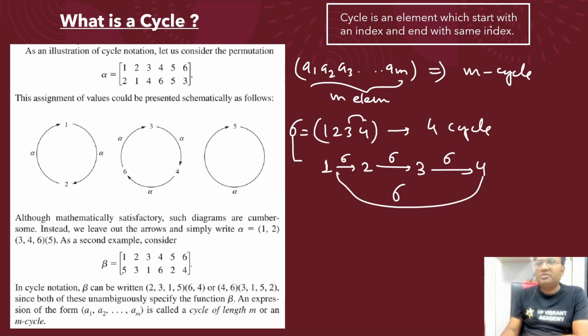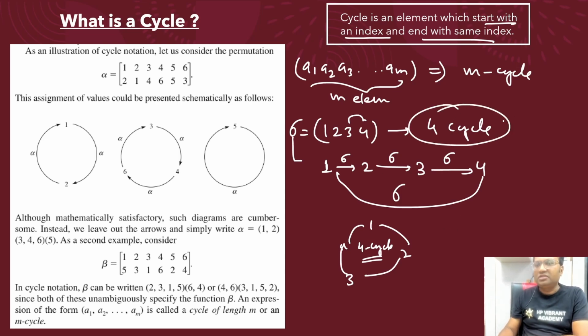So a cycle is an element which starts with an index and ends with the same index. There are 4 elements, so this is a 4-cycle, and this 4 is called the length of the cycle. If m elements are there, an m-cycle is a cycle of length m.